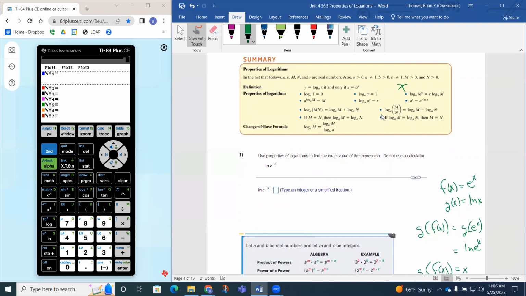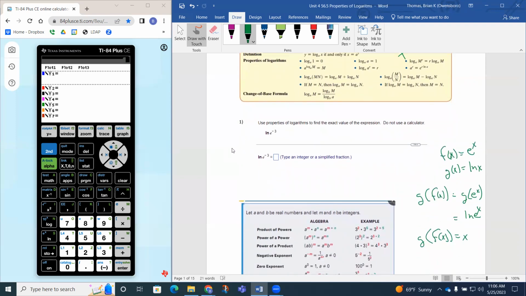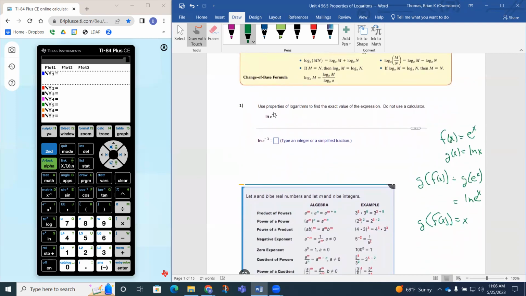Let's look at our example that we're asked to do. It says use the properties of logarithms to find the exact value of the expression, and do not use a calculator. Notice that there are actually two functions here. There is the exponential function, f of x equals e to the x, and the second function is g of x equals ln of x.